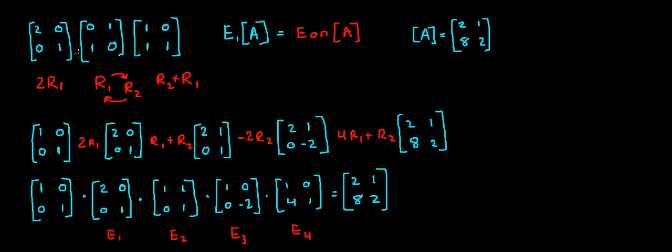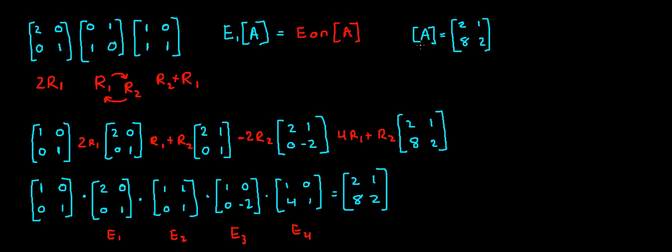Elementary matrix B, row 1 and row 2 interchange. This, multiplied by A, will interchange row 1 and 2. C, on A, will take the second row of A and add row 1. That's how multiplication of an elementary matrix against another matrix works.